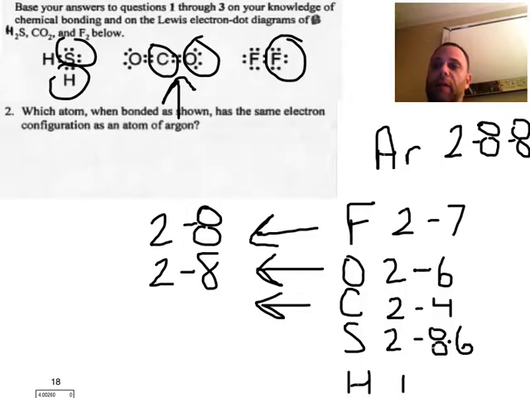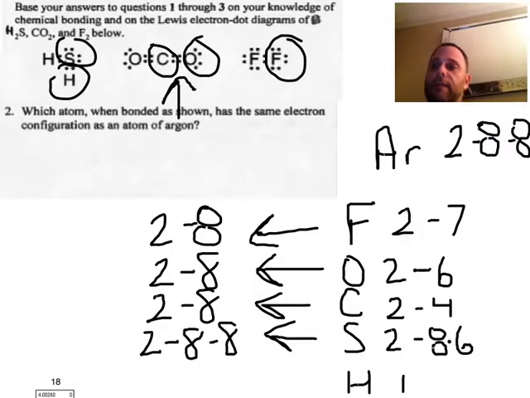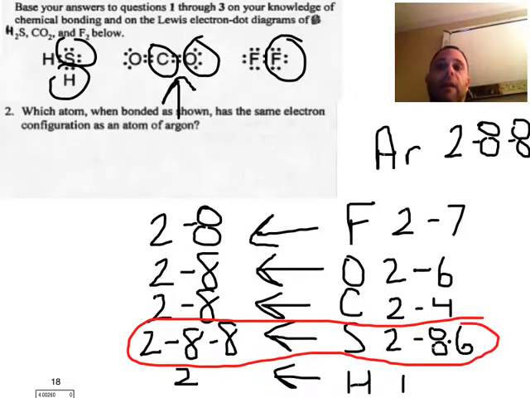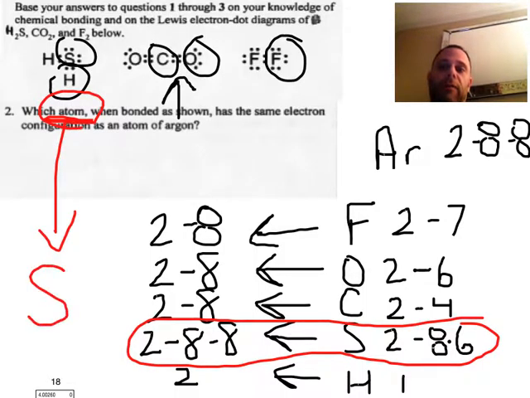Carbon, when it bonds, shares electrons to resemble 2,8. Sulfur, when it bonds, shares electrons to resemble 2,8,8. And hydrogen, when it bonds, shares electrons to resemble 2. So our answer must be here. The atom that now resembles argon is sulfur.